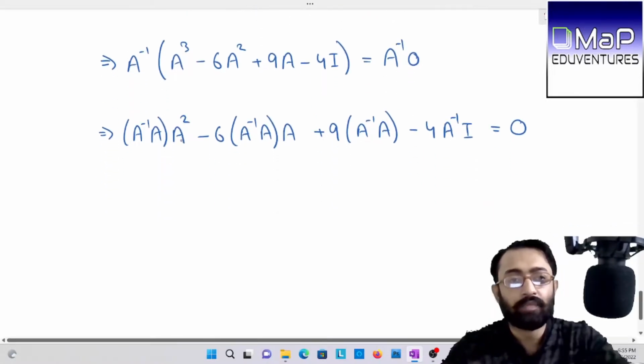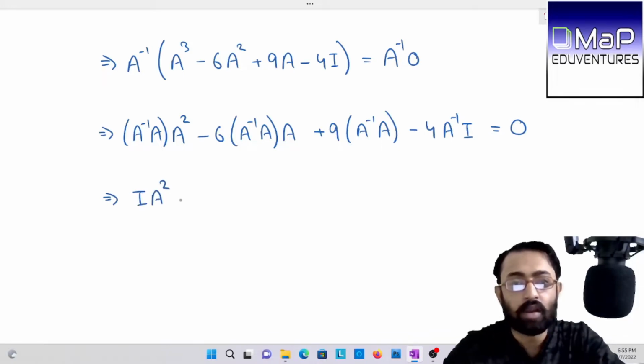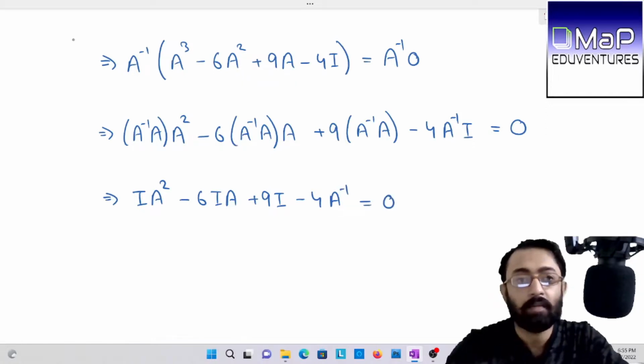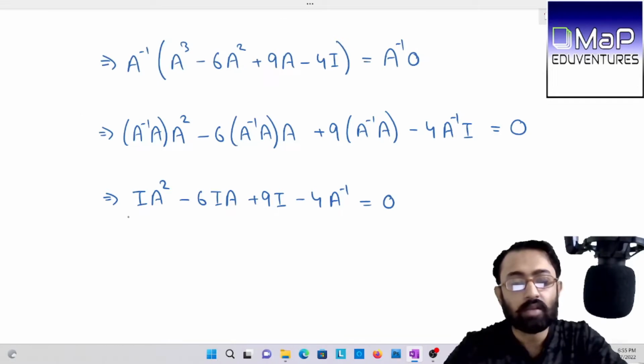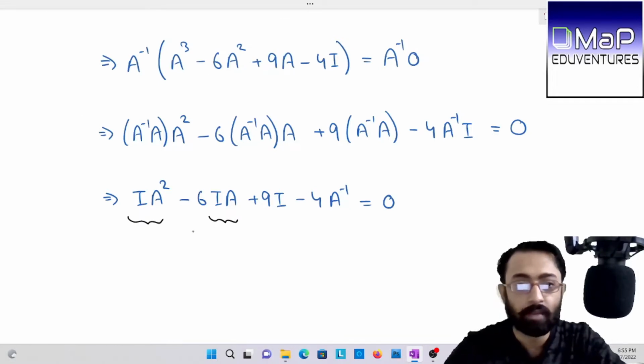Now A inverse of A you will have as identity matrix: A square minus 6 times identity A plus 9 times identity minus 4 times A inverse equals the 0 matrix. Now here we know that the identity matrix will be removed.